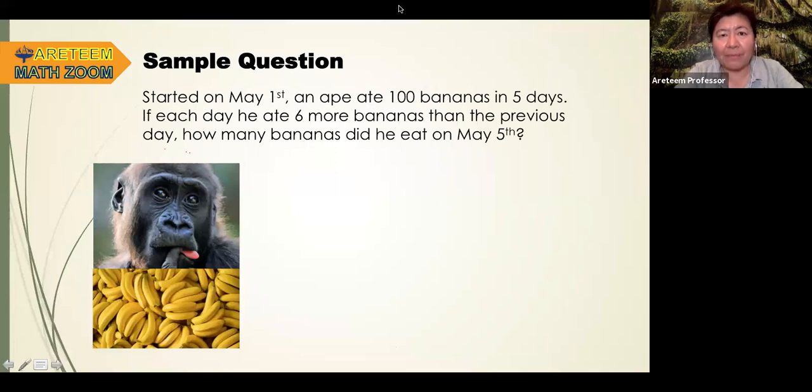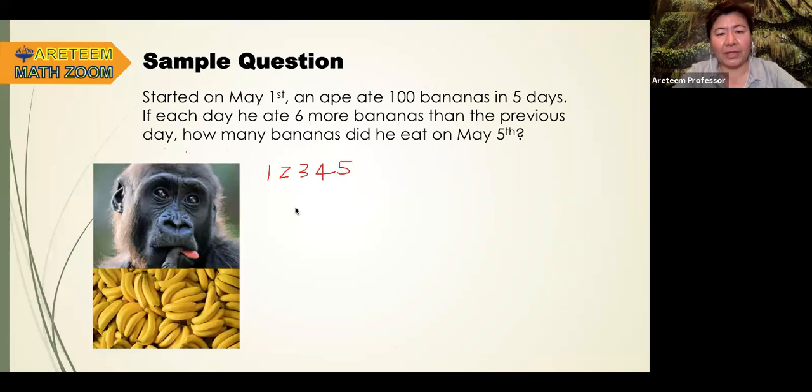Let me show you. Here, 1, 2, 3, 4, 5. You can keep going up like that, okay? So that's an arithmetic sequence.